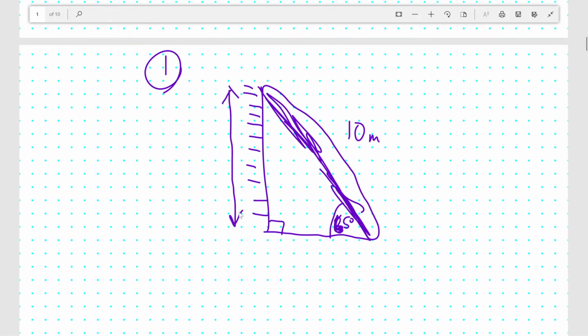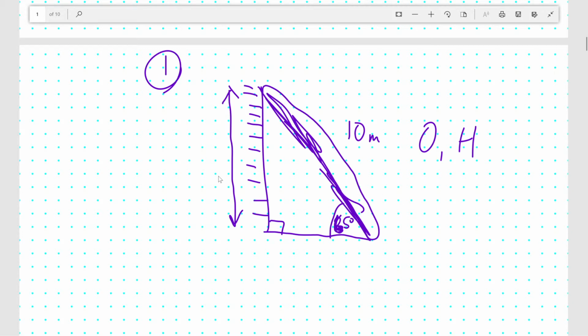So you could use the information to find something related to the opposite and the hypotenuse, because the side length you know already is the hypotenuse of this right-angled triangle, and the side length you're trying to find is the opposite side to that angle we know, 65.